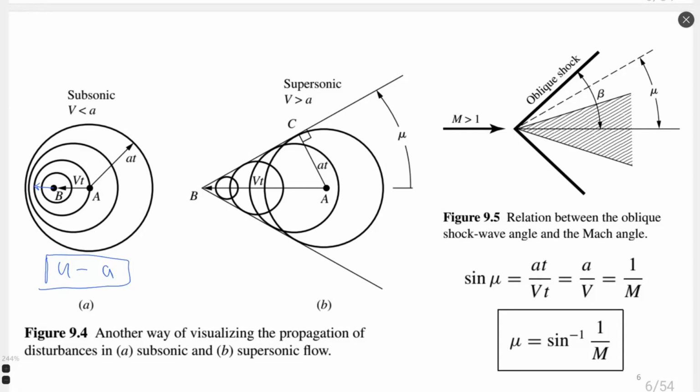In case of supersonic velocity, this subtraction will always be positive. So flow disturbances can go only in the direction of the flow and cannot go against the flow.